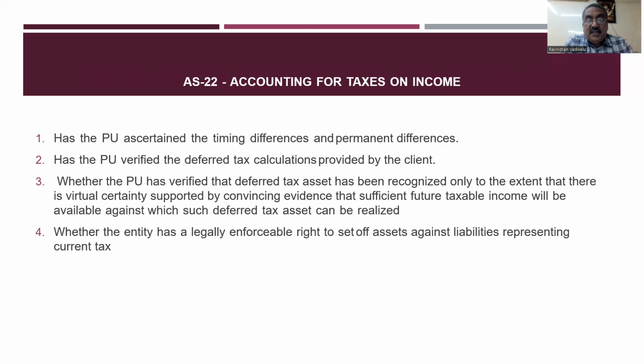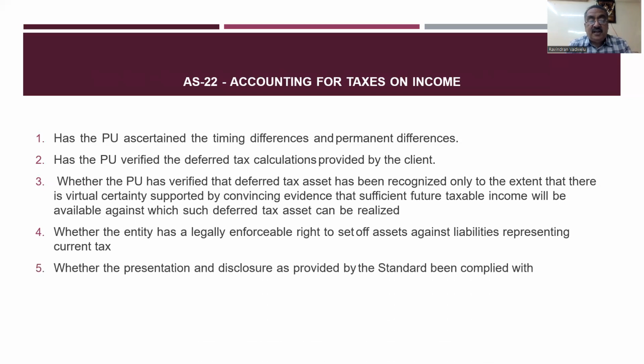Then whether the entity has a legally enforceable right to set off the assets against the liabilities representing current tax. Suppose in the last year also the taxes have been deferred, and this year, whether they can adjust it. Only the legally enforceable person can adjust the set off. That is the duty of the practicing unit: whether the set off against the current tax has been adjusted correctly or not.